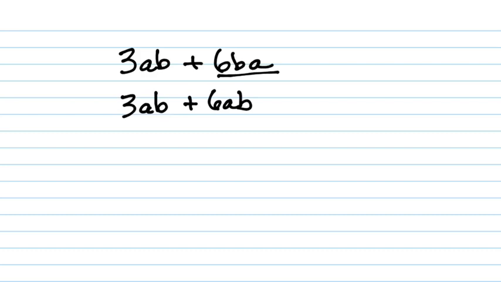Because now, are they like terms? Yes. So 3 of them plus 6 of them makes 9 ABs. Okay? 9 ABs. 9 babies. No, 9 ABs. Okay. All right. So make sure that you pay close attention because the terms might be rearranged. Okay? How's it looking? Fantastic.